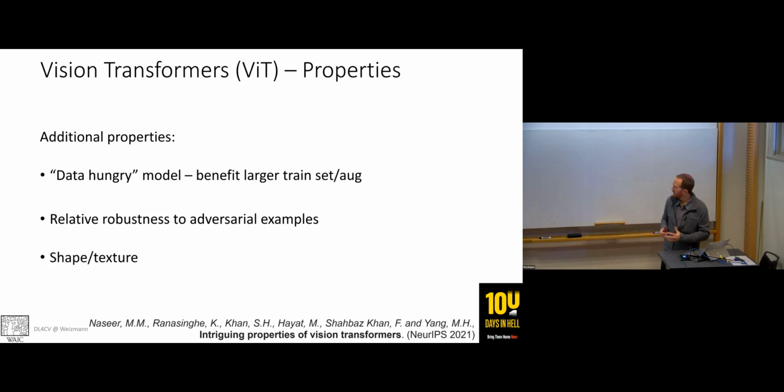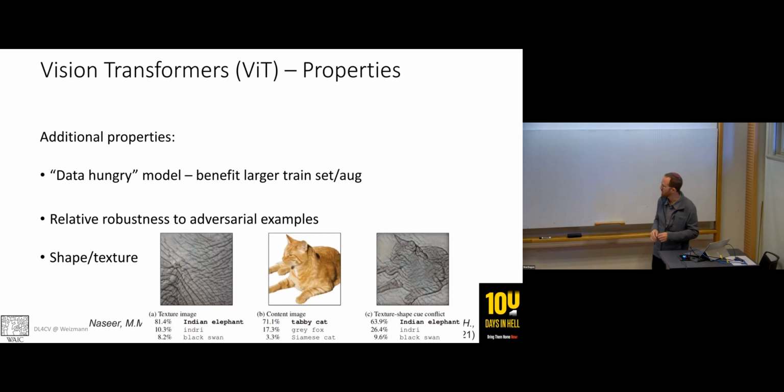And there's shape texture bias. For instance, if we have this texture image and we let a convolutional neural network classify it, it will classify it correctly as elephant. If you give it this nice cat image, it will say this is a cat.